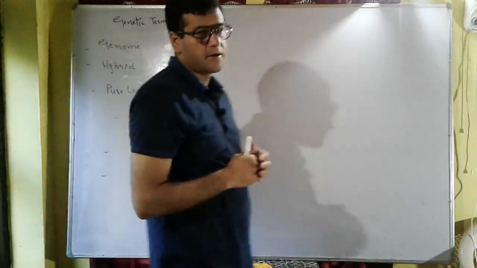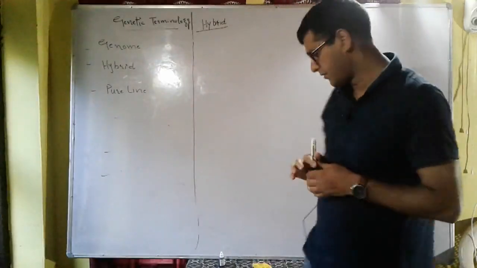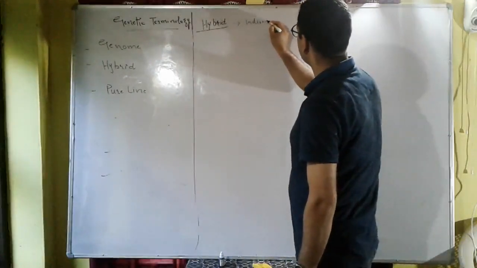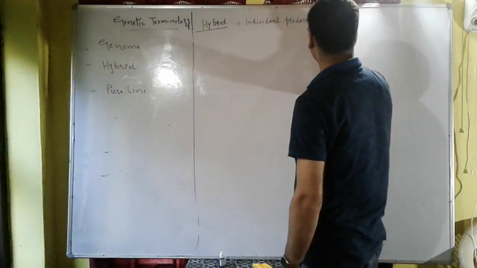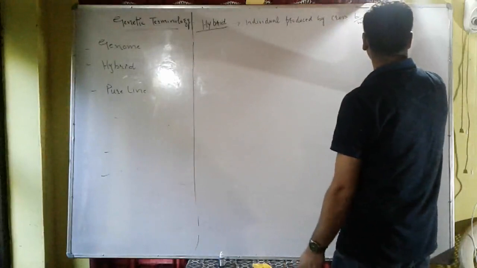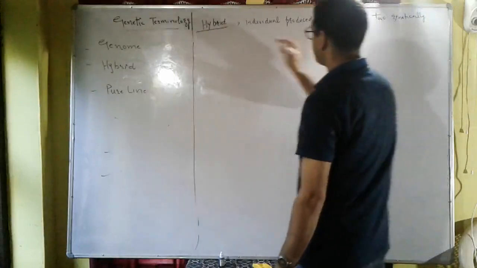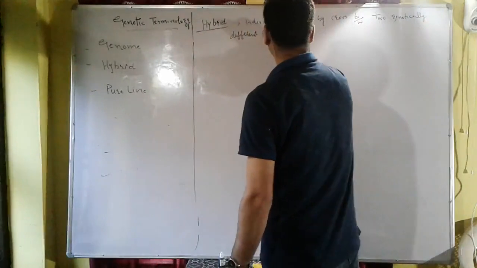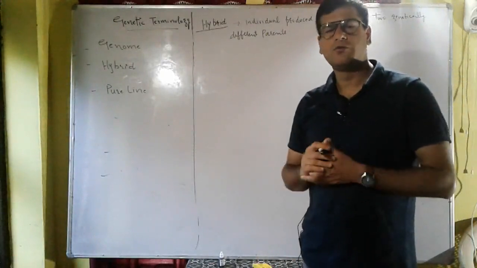This hybrid is an individual produced by the cross between two genetically different parents. So hybrid is an individual produced by cross between two genetically different individuals, different parents. So hybrid is that individual which is produced by cross between two different parents.